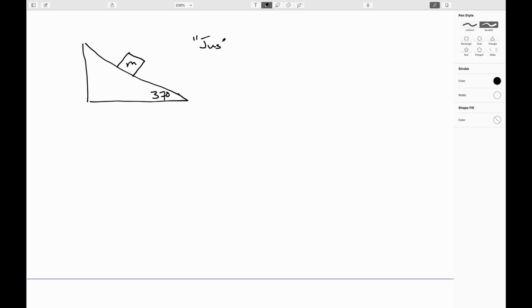So this is the highest angle where it won't slide, or we can say that if we tilt it any higher, it just begins to slide. Now in this problem, what I want to find is the coefficient of static friction between the surfaces. Okay, let's go ahead and do that one.